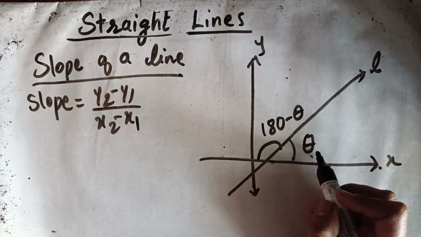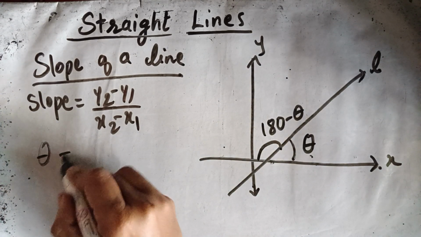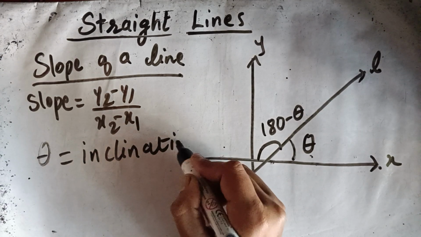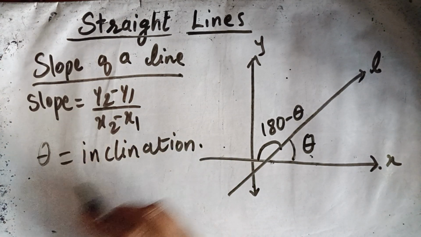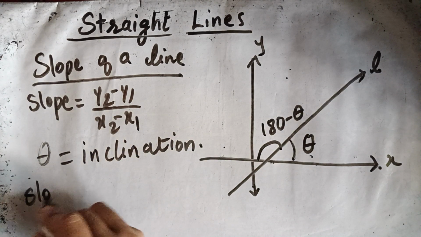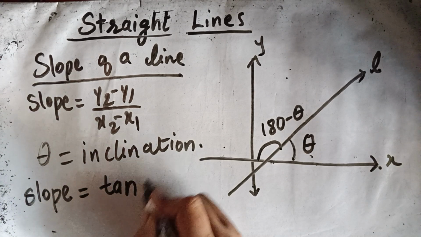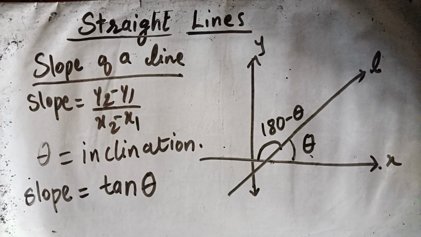So theta is the inclination. And slope is given by tan of theta. So tan of that angle will give you the slope.